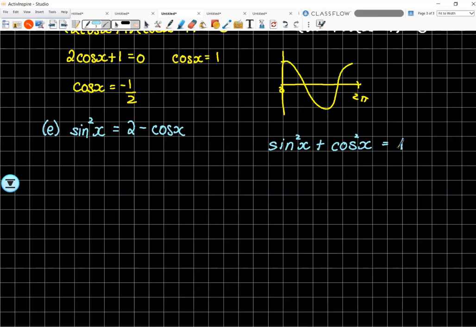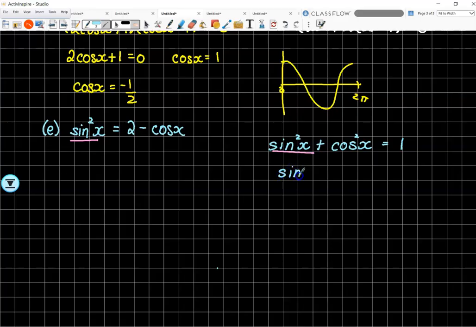So what could we do with that, anyone? We could just add cosine x on both sides. What can I replace sine squared x with? So can we rearrange?